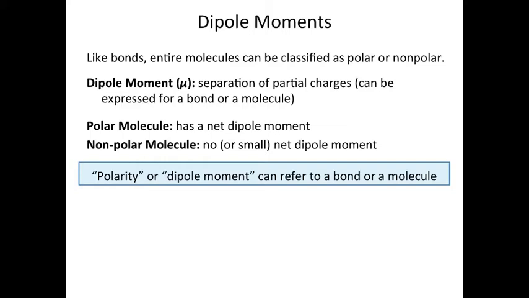So we can use the phrase a polar molecule, the molecule has a net dipole moment, a nonpolar molecule, it does not. And keep in mind, to be polar means that you have a net dipole moment. And the word net here just means summed across the molecule.